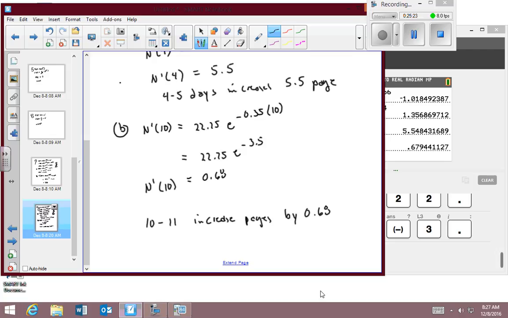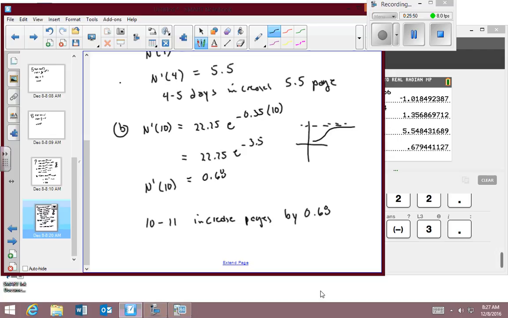But this is a log. It's something that is kind of like this. There's a point up here, and if you increase like this, come off like that.